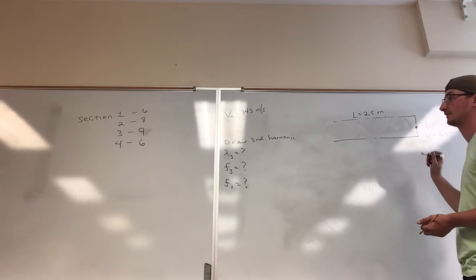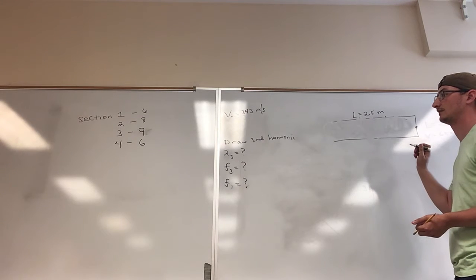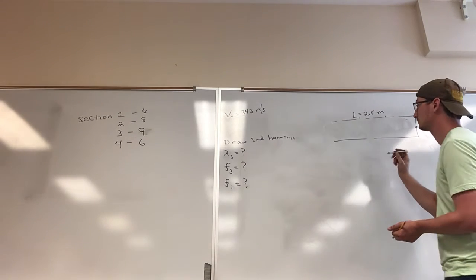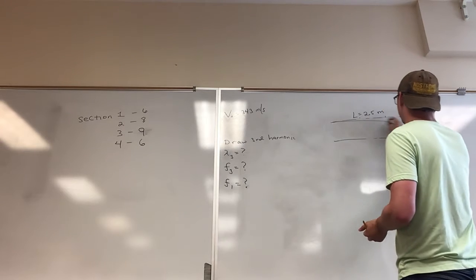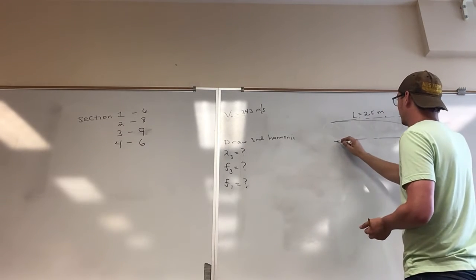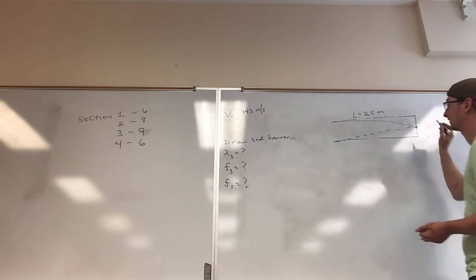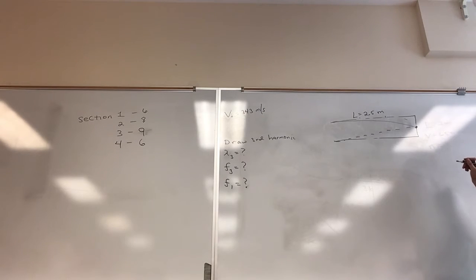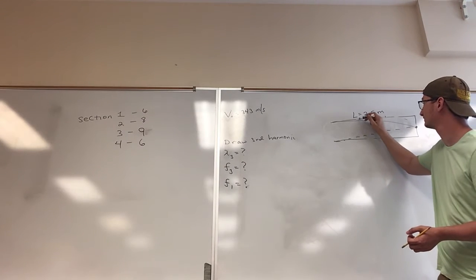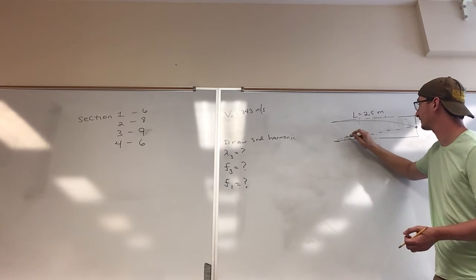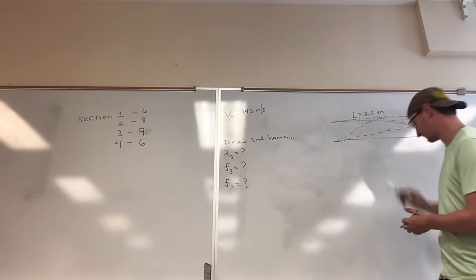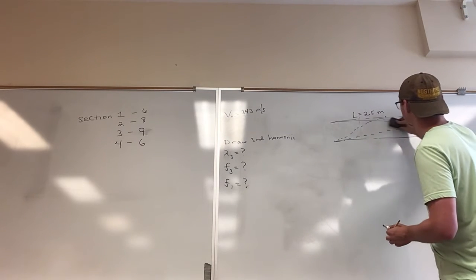You have a node at one end and an anti-node at the other, and that's it. Oh, okay, so it would just be like that. Yeah, that would be the fundamental. And then to get to the next harmonic, what do you do? Yes, you just add one node.